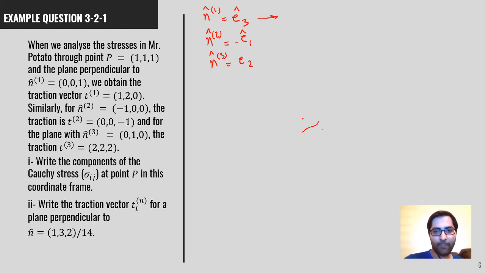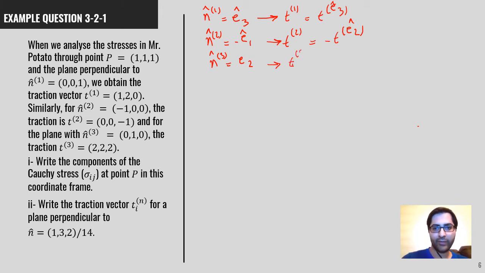So basically T1, the traction associated with the plane normal to N1, is T of E3. T2 is minus T of E1, and T3 is T of E2.